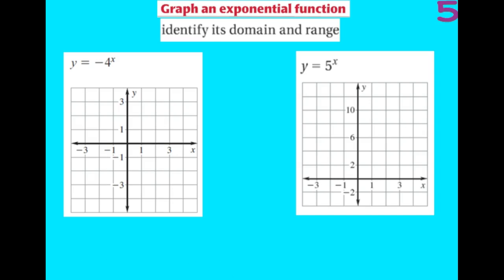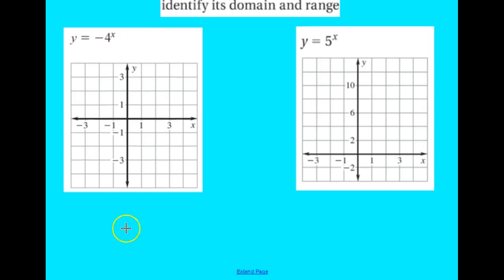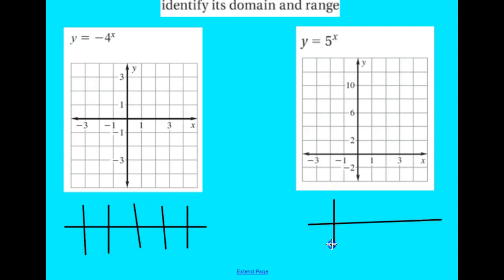So let's go on to the next one. I'm going to make myself some tables. Make a table over here while I'm at it. And I'm going to put my x and y, and the same numbers we like to plug in: -2, -1, 0, 1, and 2.